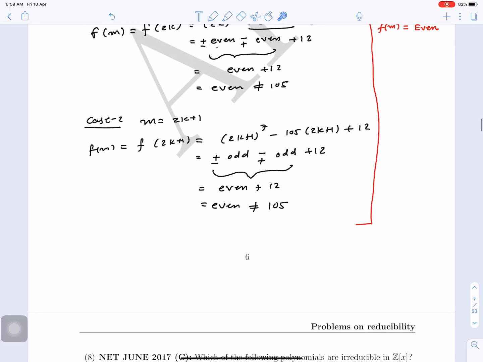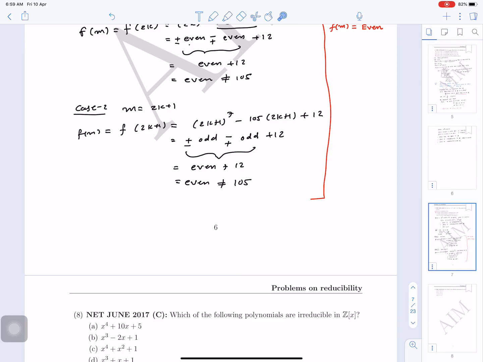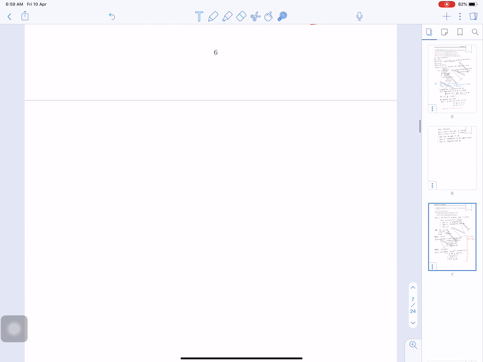So let us go for option C. We have f(x) equal to x^7 minus 105x plus 12.